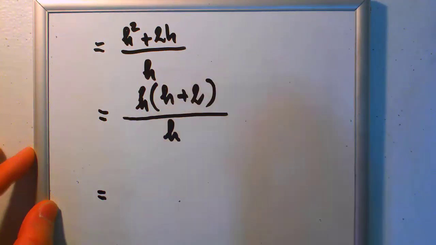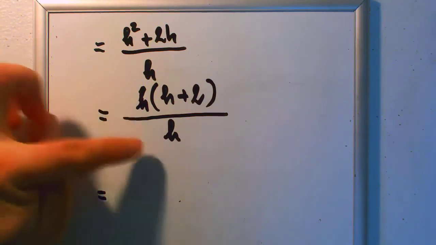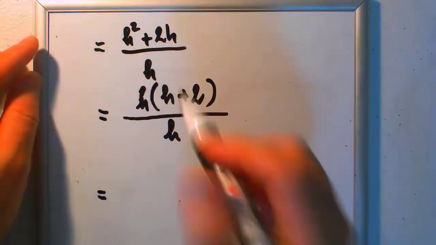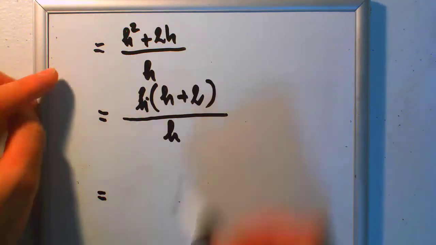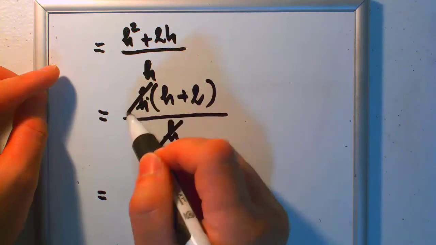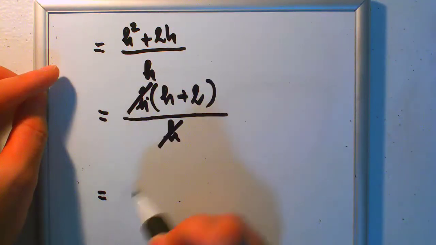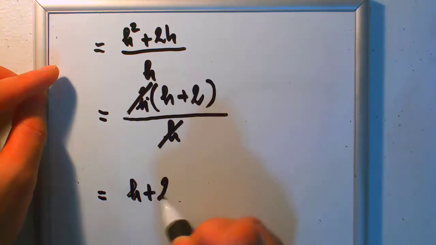And so at this point, if you're looking at your very last step right here, what you have in the numerator is a common factor with the denominator. And so now by the rule of algebra, you can cancel a common factor from the numerator and denominator. And that now gives me in the next step h plus 2.